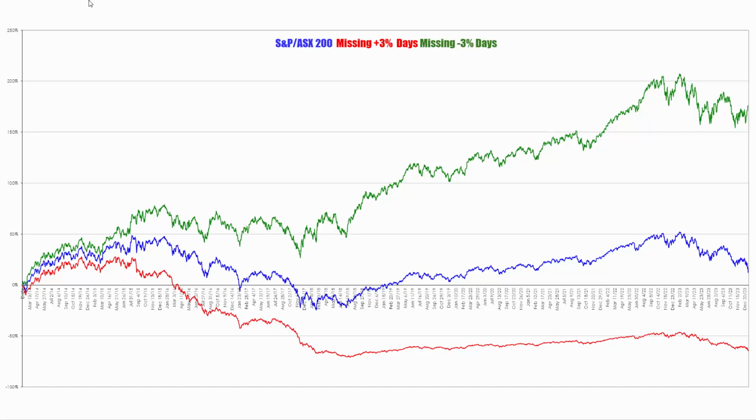There's a reason why this happens, and it happens because of a quirk in financial mathematics. If I lose 10% of my capital, making 10% on what I have left will not get me back to my point of origin. I need to make 11.1%.